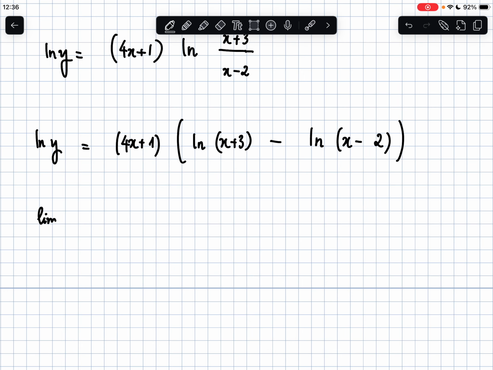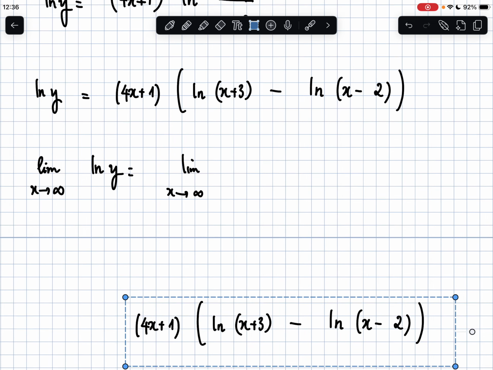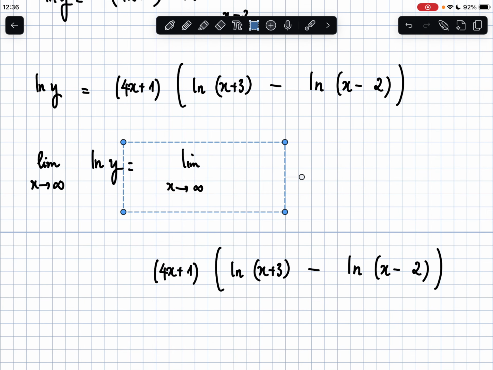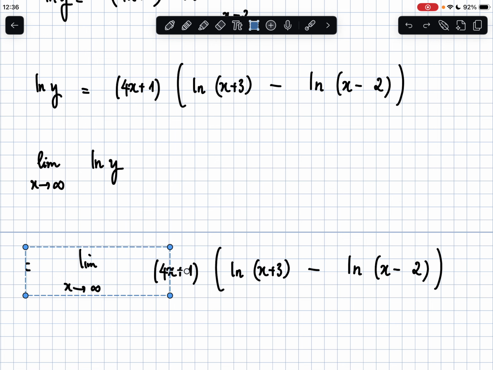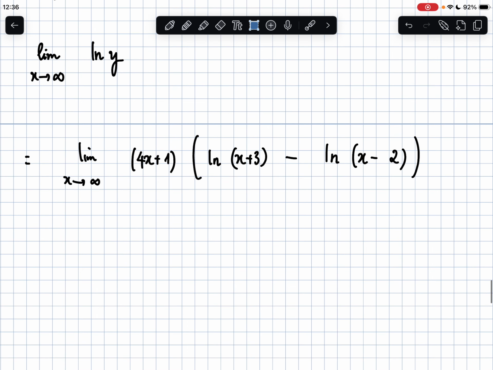Limit as x tends to infinity of natural log of y, the limit as x tends to infinity of this one. So we compute this limit. How can we do it then?